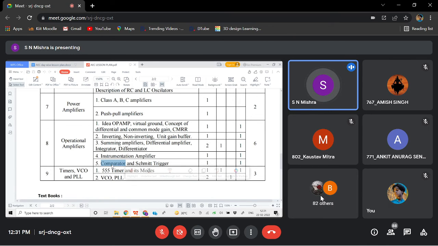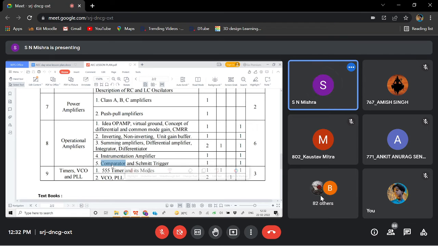Suppose I take a circuit and try to compare things. In general, I take a threshold value of temperature, let us say 30 or 35 degrees. In the summer season we go up to 40 degrees. Let's say room temperature is 30 degrees, and I can tolerate the temperature up to maybe 32 or 33, and after that I can switch on my AC.